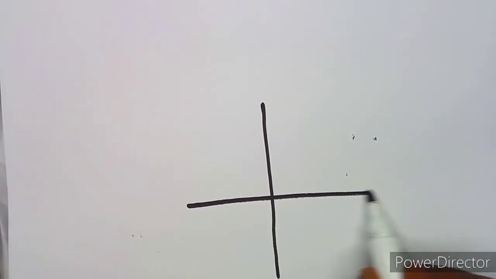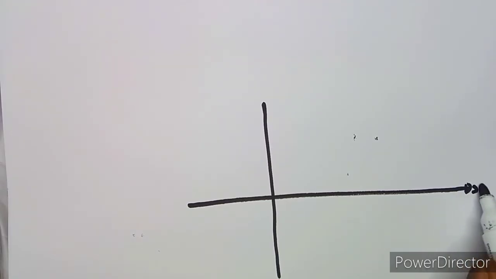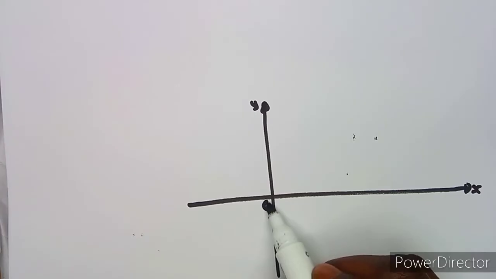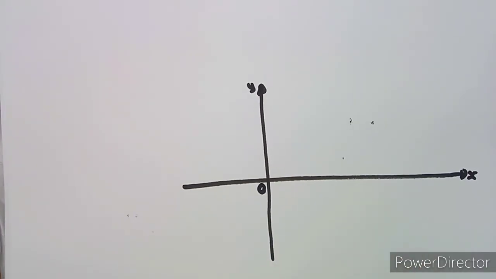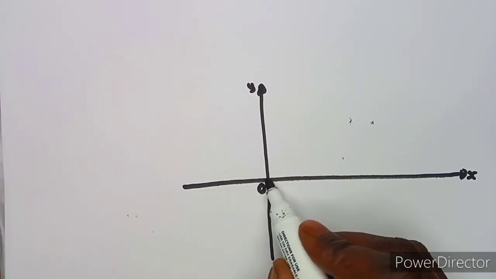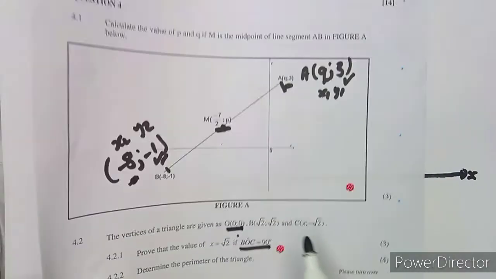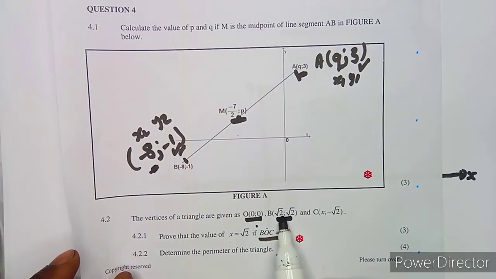So let's say we've got a Cartesian plane like this, so that we can understand what is happening here. This is your origin, which is where we have our point O, which is 0, 0. Then we have the point B, which is square root of 2, square root of 2.